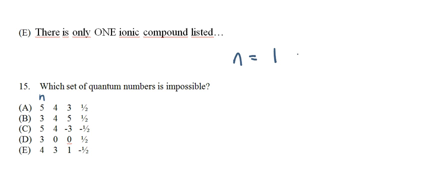And N will start at 1 and theoretically go on for a long time. So typically we'll say maybe not more than 20. But it technically could go on for infinity. But we won't say that. So N represents the energy level, the size of the orbital. Yeah, let's just leave it at that.